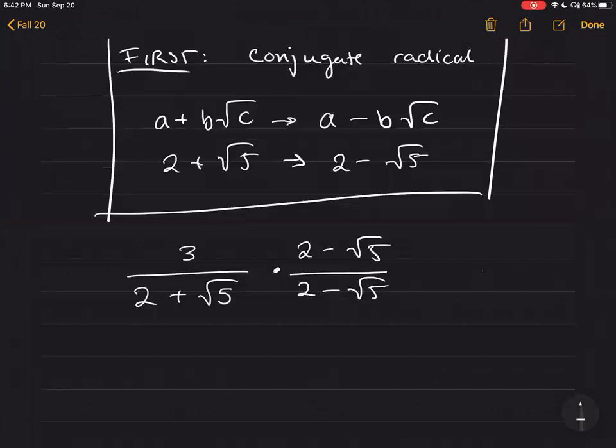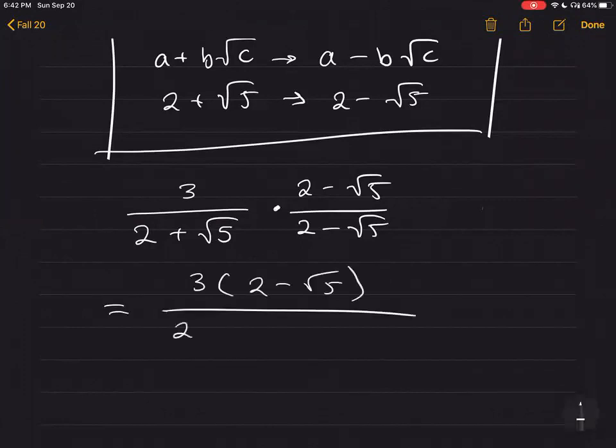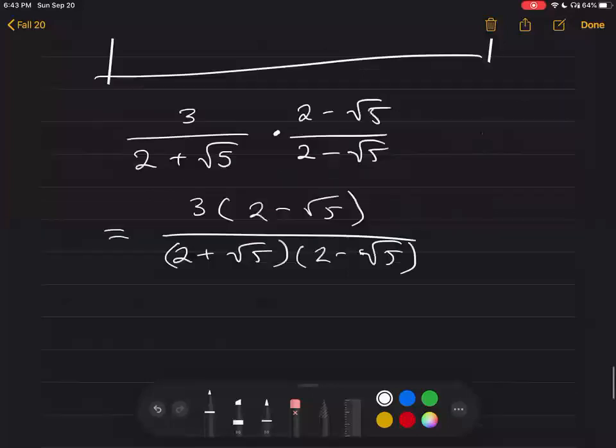And the reason I did this is because when you look at the multiplication on the bottom, so we have 2 plus square root of 5, parentheses, 2 minus square root of 5. When you multiply a radical by its conjugate radical, something interesting happens. So let's go ahead and FOIL this out.